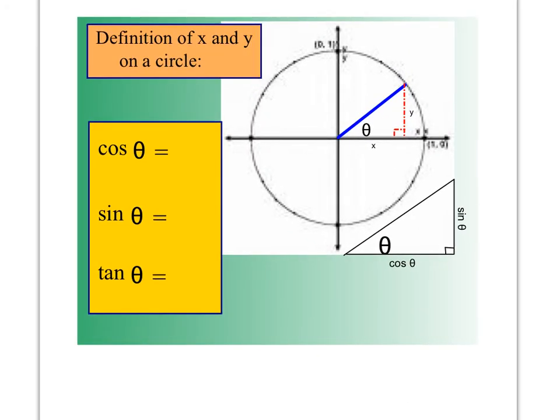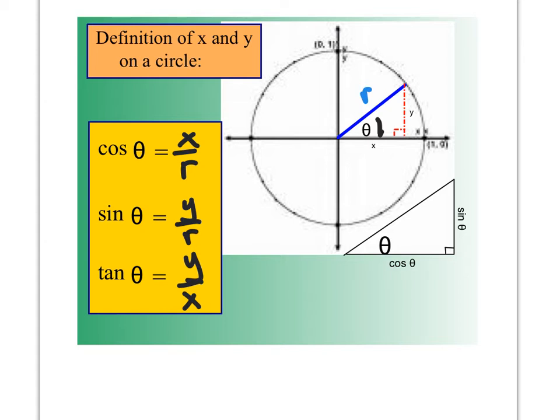Definition of x and y on a circle. Let's say we have a radius of r. Then cosine is x over r, sine is y over r, tangent is y over x. Here's our angle theta.